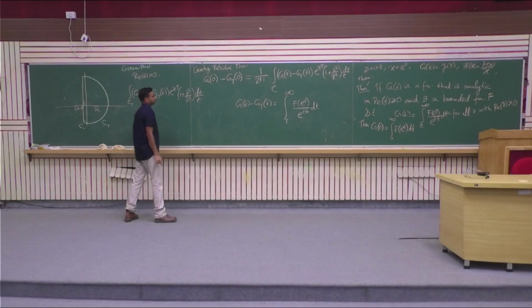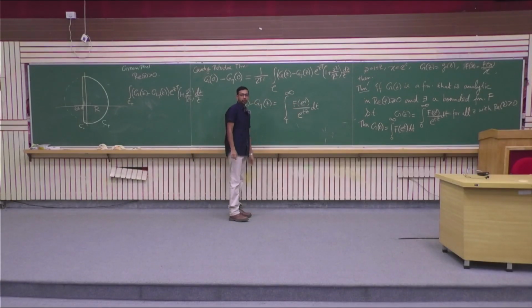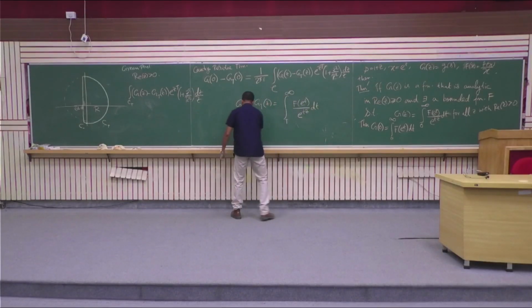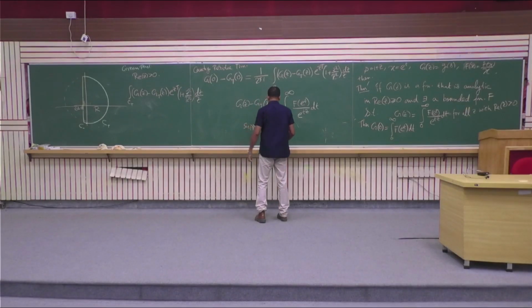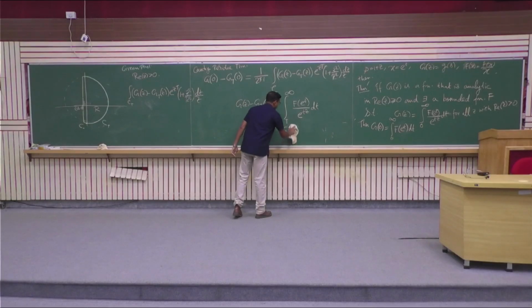Now note that f is bounded, right? So suppose it is bounded by some constant c. Okay, we are using c and c plus, so maybe we use some other notation here. Maybe bounded by b. Okay.